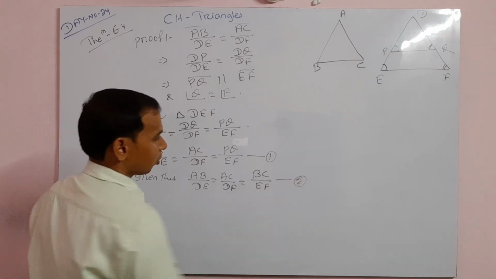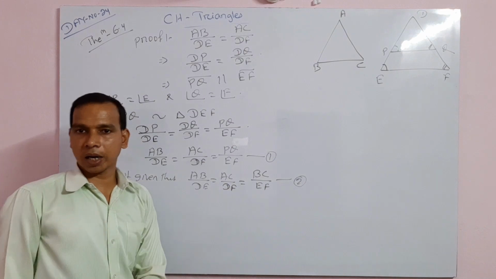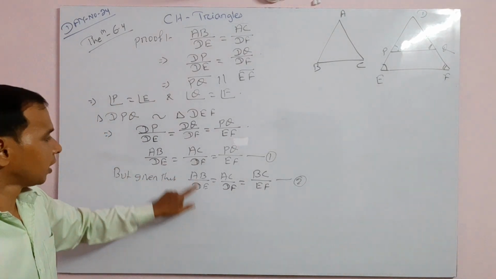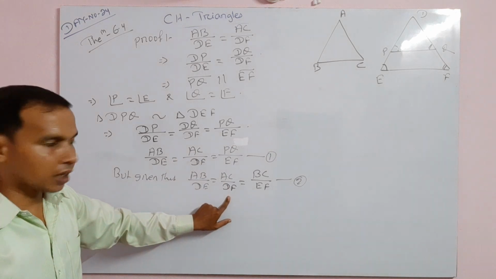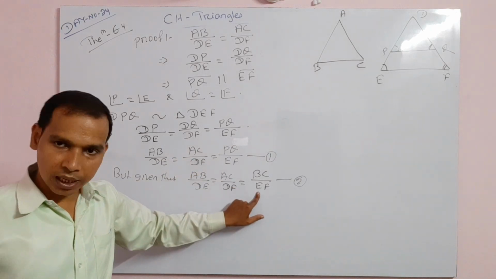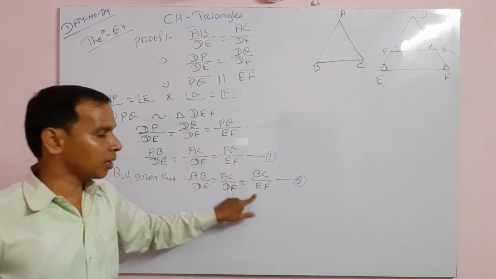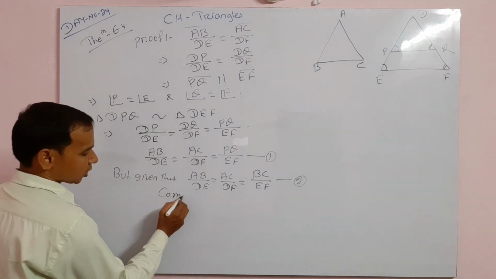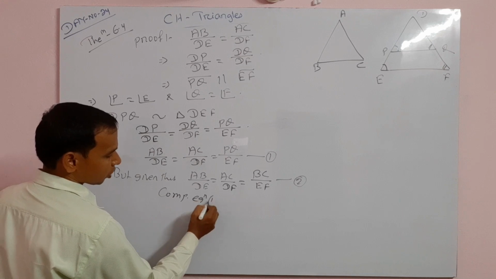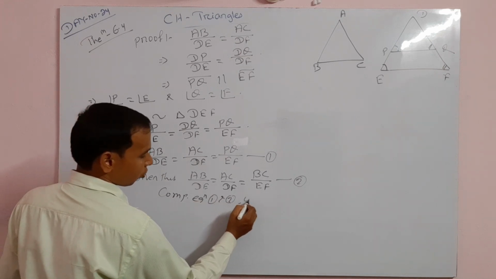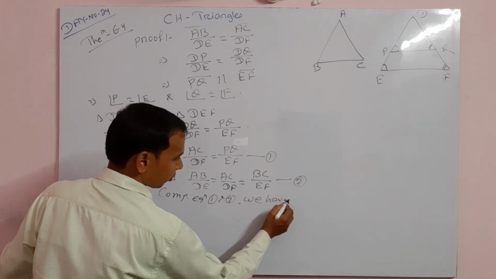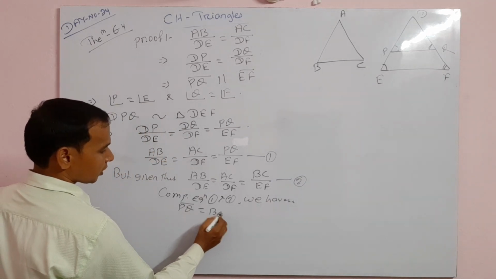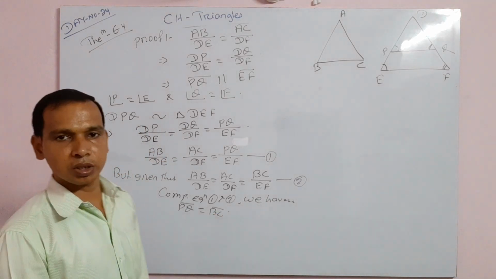This is equation 2. Comparing equation 1 and 2, we get AC by DF and PQ by EF. Here the denominators of both are equal, so the numerators are equal. So comparing equation 1 and 2, we get PQ is equal to BC.